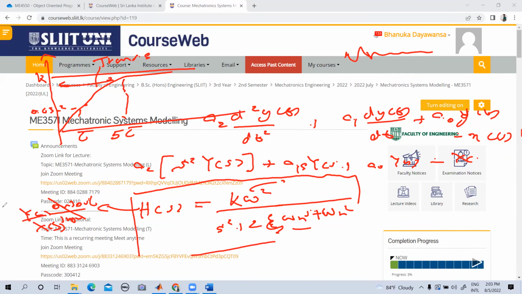That's what you get as a transfer function. This is mostly for static systems, and if you have a very dynamic system, then you use other methods like the state space representation, which I think you will be doing in the lecture, right?